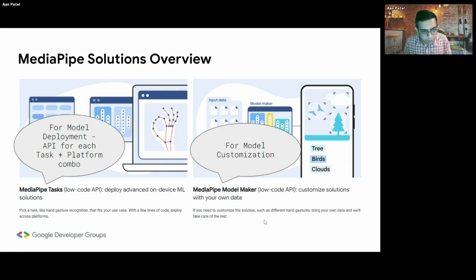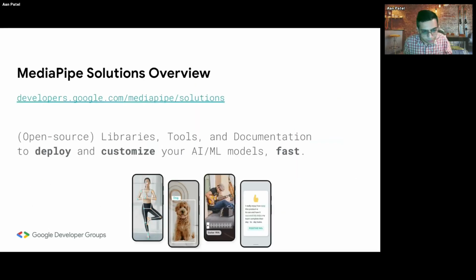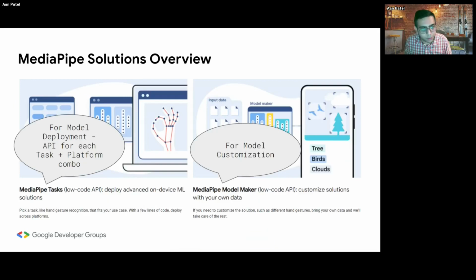And similarly, MediaPipe Model Maker is also a set of libraries that serve a different purpose. So going back one slide, as you can see, MediaPipe Solutions is a bunch of libraries, tools, and documentation that lets you deploy and customize your AI ML models quickly.